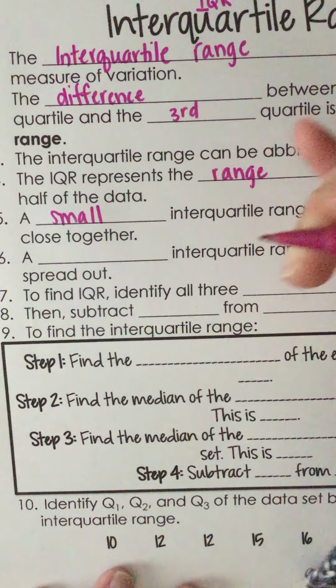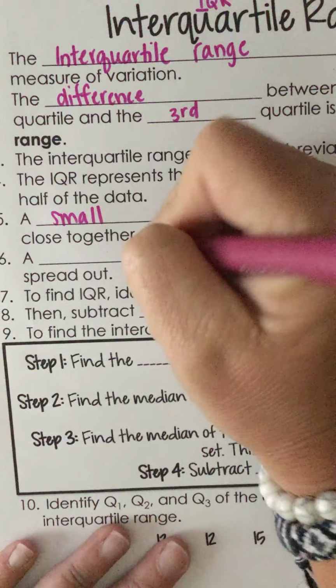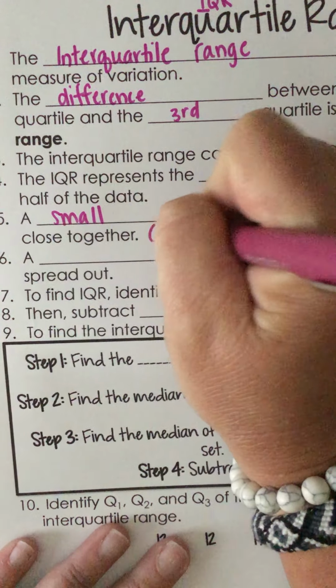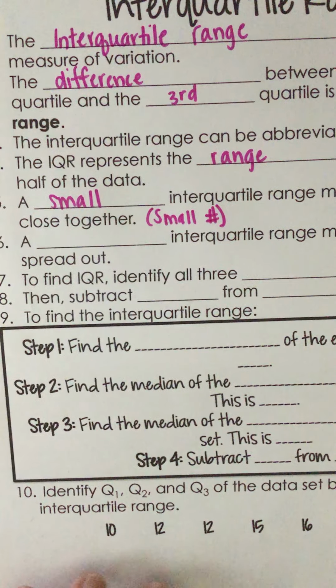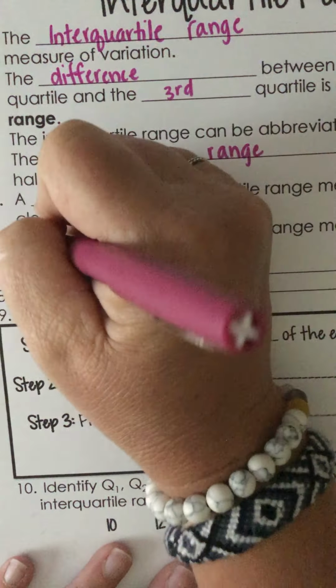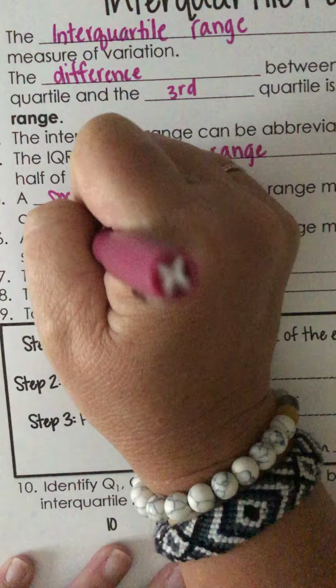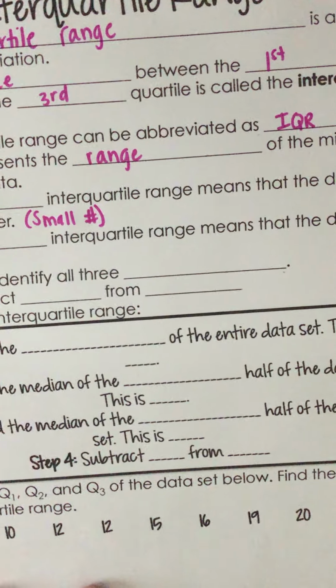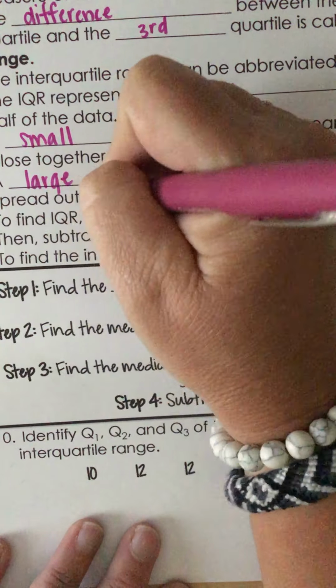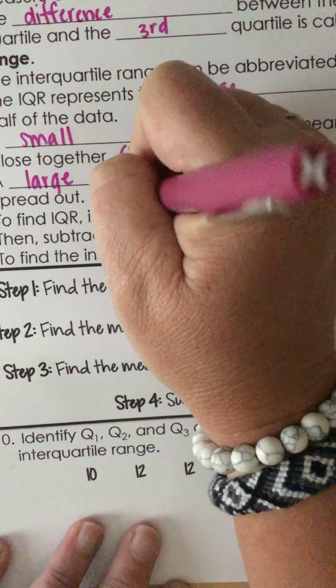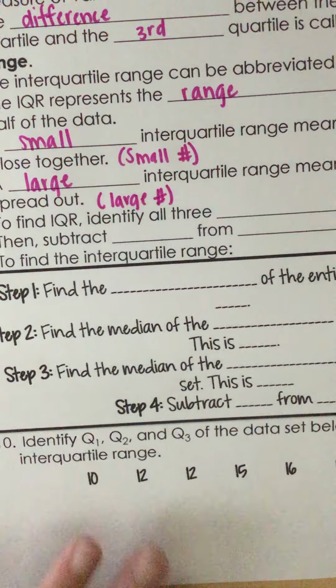So your first and your third quartile are going to be very close, giving a small number. Okay, number 6, it says a large interquartile range means that the data is spread out. So that means you're going to have a large number for your range.